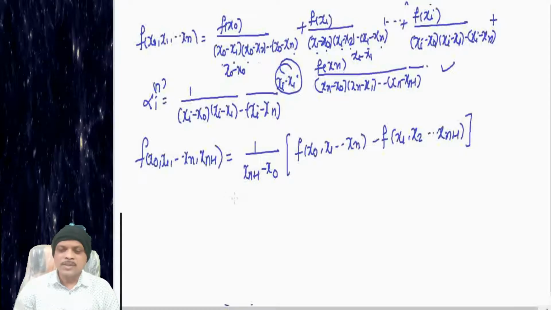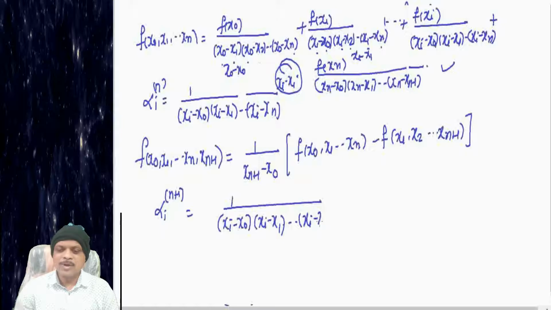Then in this term, the factor of the n plus 1 divided difference will be 1 divided by xi minus x0, xi minus x1, up to xi minus xn plus 1.